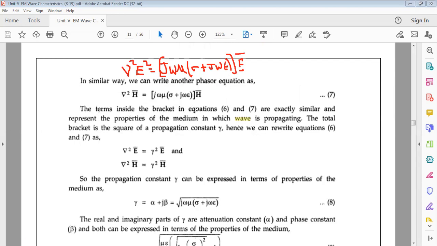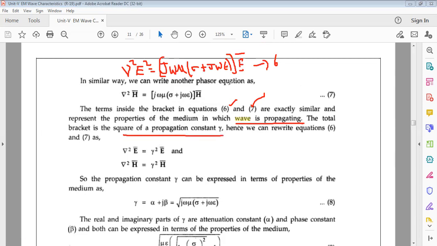The term inside the bracket in equations 6 and 7 is exactly similar and represents the properties of the medium in which the wave is propagating. The total term is the square of the propagation constant gamma.